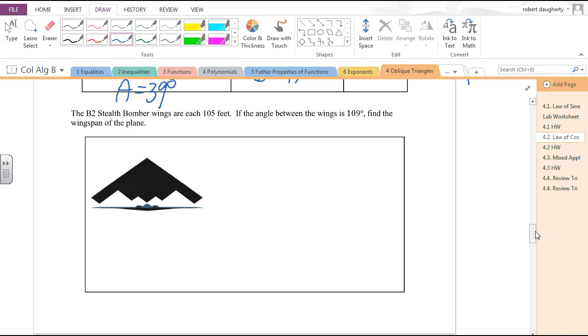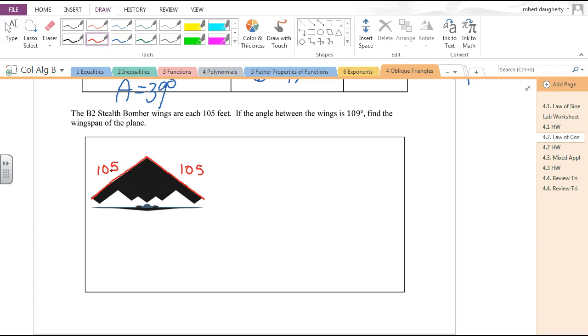So the B-2 stealth bomber has wings that are 105 feet. Okay, so what's 105 in this problem? Yeah, so that's a wing right there, and that is another wing. So that's 105, that's 105. If the angle in between the wings is 109, where is that angle?